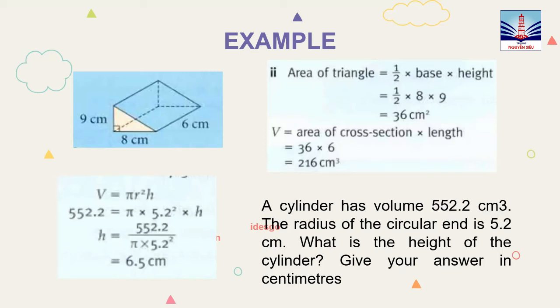So we'll have to find the area of the cross-section and multiply with the length. First, the area of the triangle is half the base times the height, which is 8 times 9 times a half and equals 36. So we multiply with the length to find the volume of the prism. Okay, thanks.